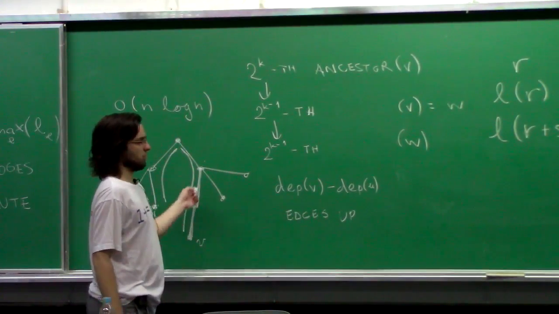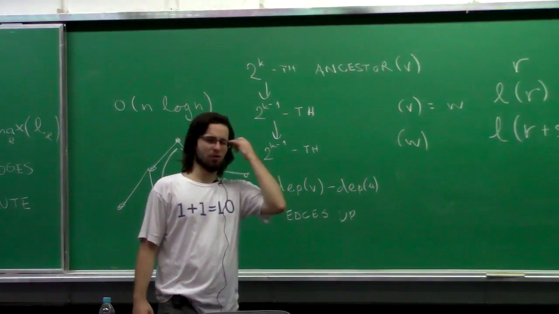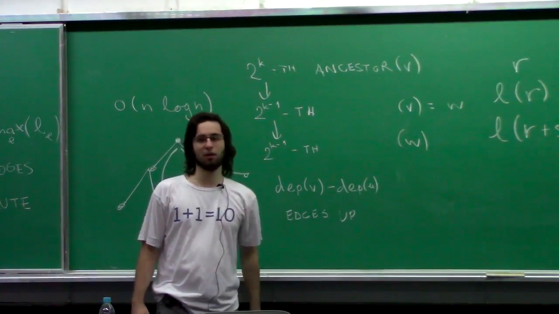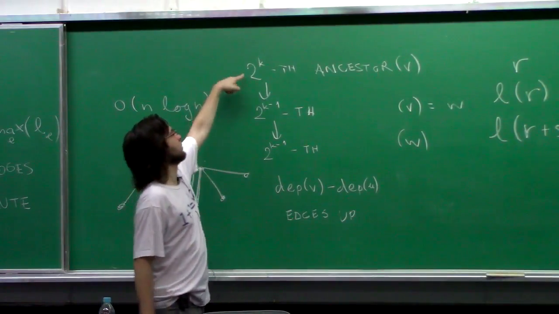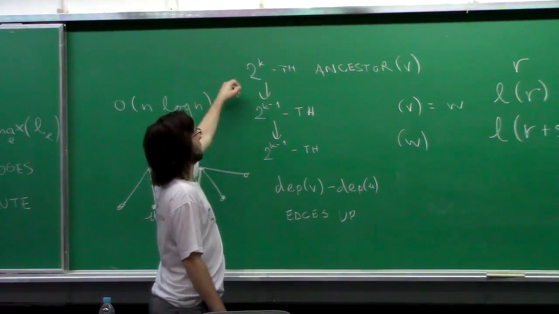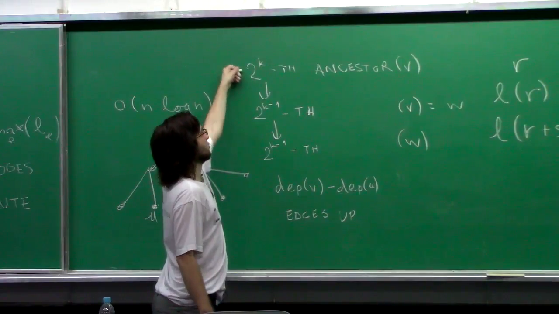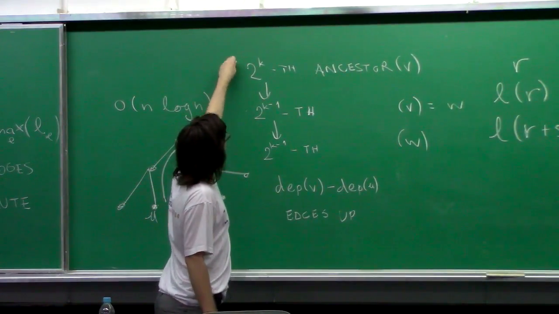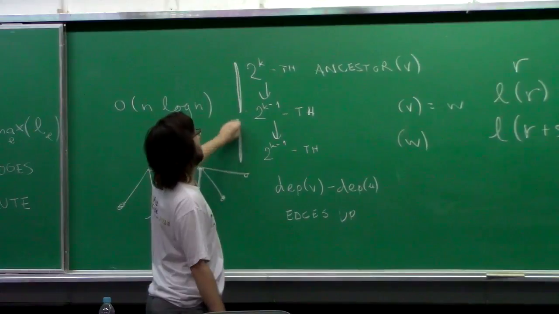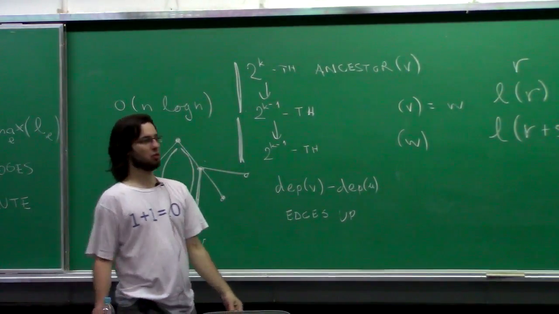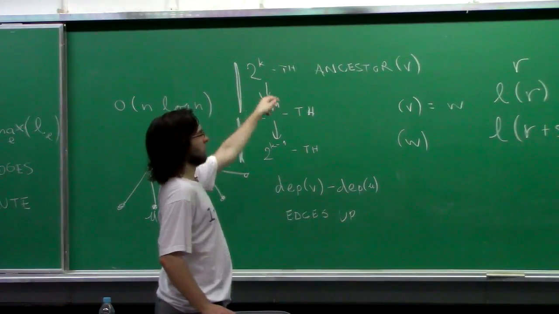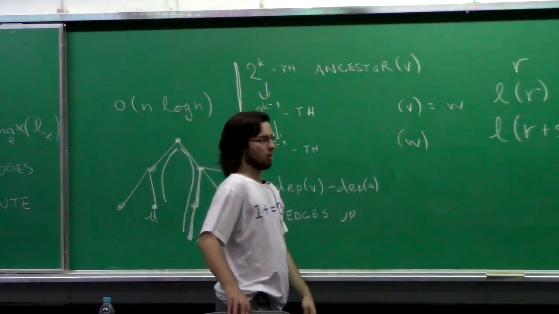And when we want the maximum length of an edge on this path, then we just take the maximum of the longest edge on this path and the maximum of the longest edge on this path, which we compute recursively. For each k, we can just compute these numbers for each vertex v.